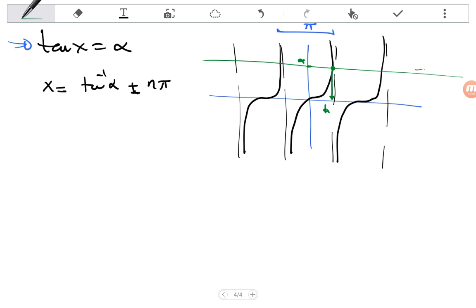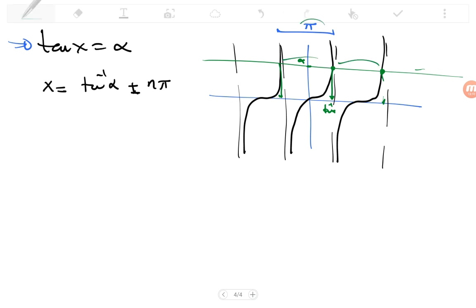This one is just the tan inverse of alpha, and we'll have another angle, which is this one, which are apart by an angle exactly pi, which is exactly the period of tan x.